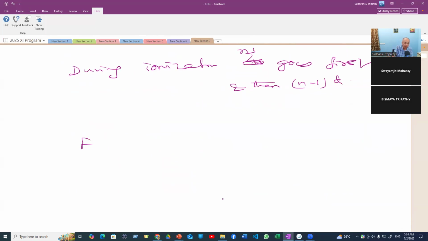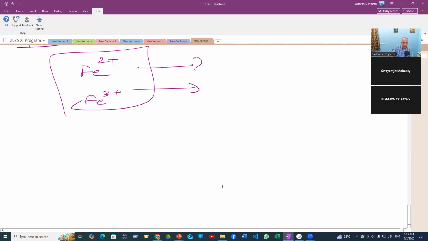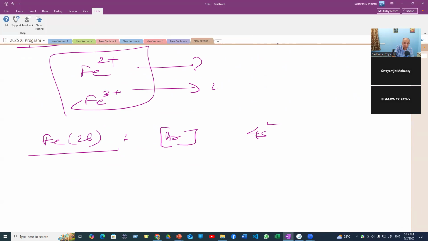Say, write down the configuration of Fe2+ and Fe3+ in the ground state. Now first you write down the neutral atom iron. This is argon configuration 4s2 3d6. Then you have to remove two electrons.